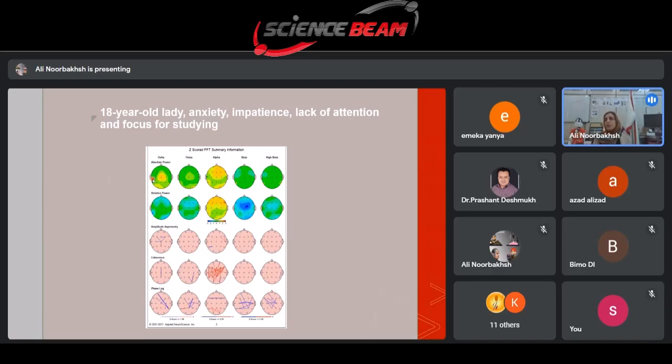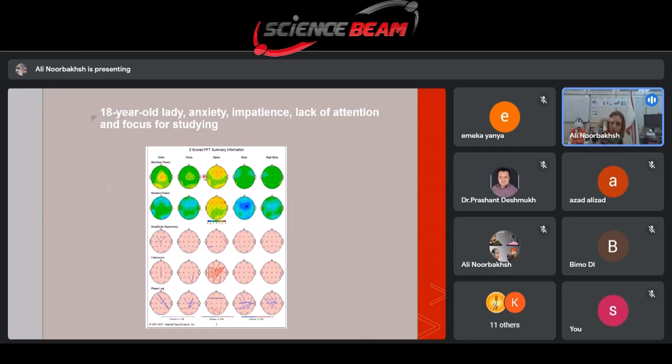You can see increased theta in this part, because the color of this head is yellow again. Yellow means increase again. Yellow and red mean increase, but blue means decrease.